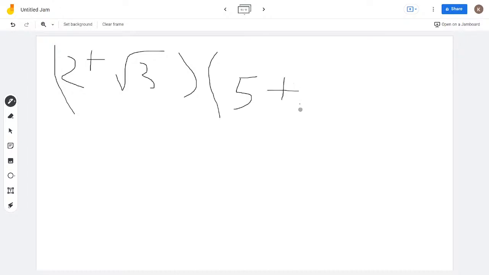But you are asked to write the answer in the simpler form. So what you will be doing here is the second part of our today's lesson.